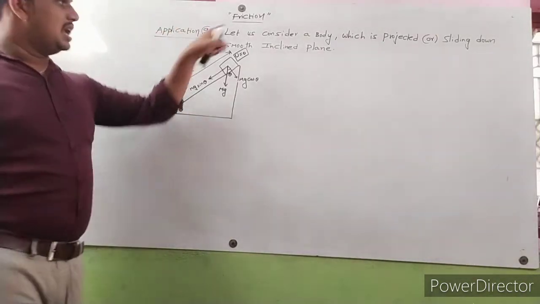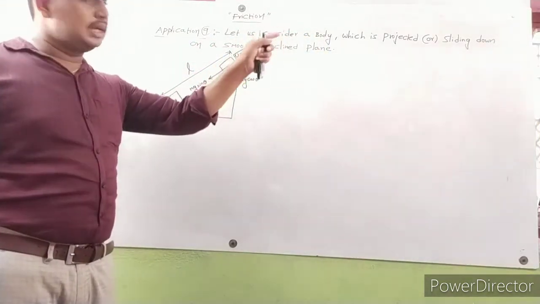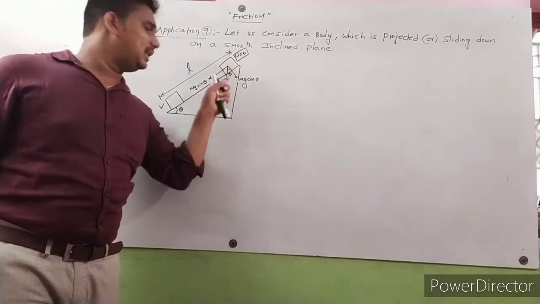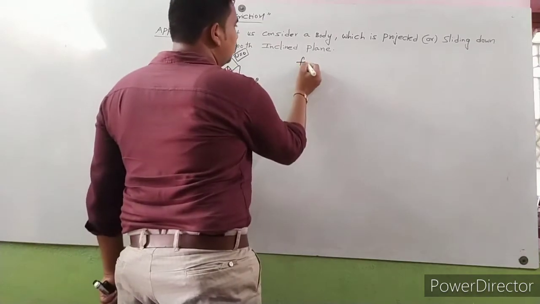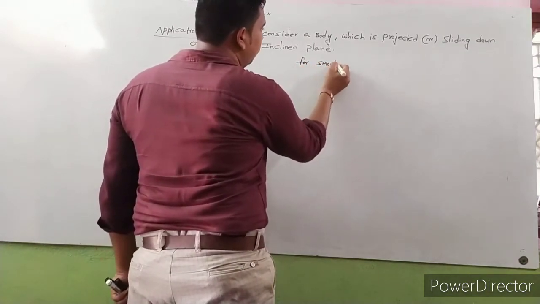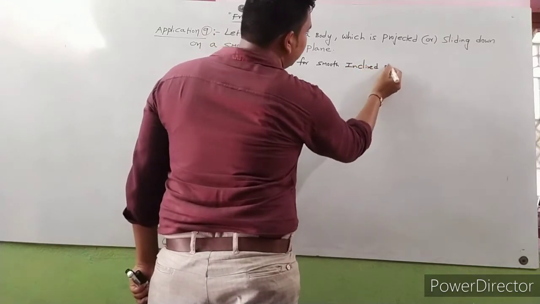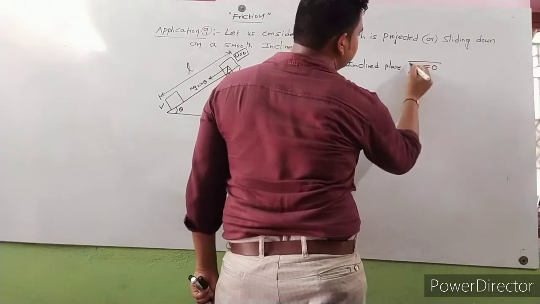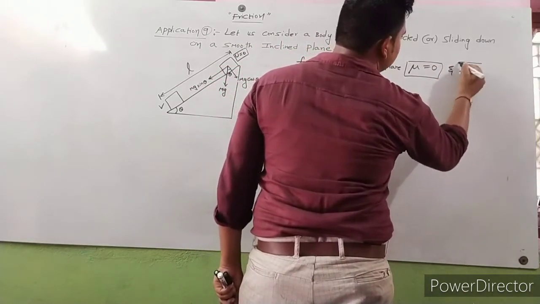Observe carefully. Let us consider a body which is projected or sliding down on a smooth inclined plane. This is a smooth inclined plane. That means for a smooth inclined plane, coefficient of friction is equal to 0 and friction force is equal to 0.